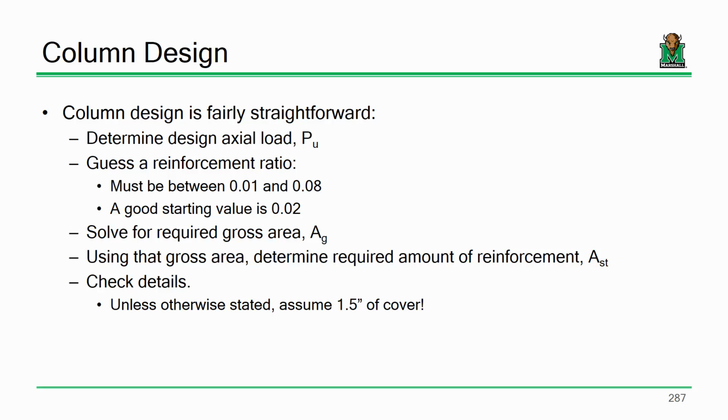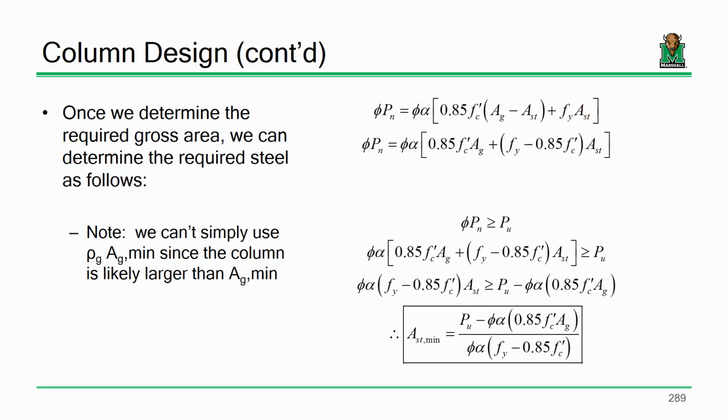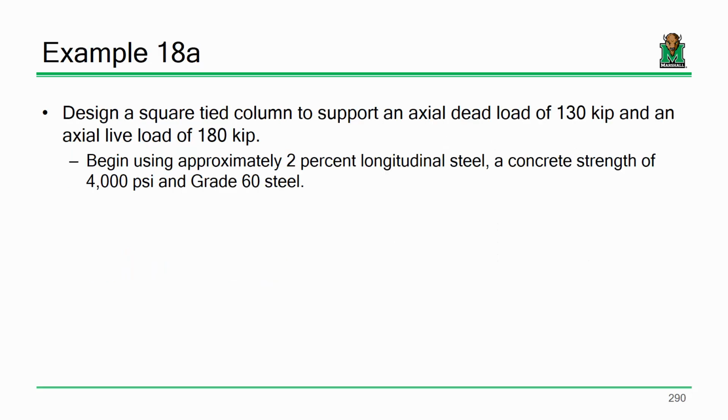Select the amount of steel, check your details, and that's about it. So there's your equation for the minimum gross area. Once you get that gross area, select some dimensions, solve for AST minimum. That's about it. So we did this one last time. We designed a square column to resist those loads, used 2% steel, and so on and so forth. Pretty good, right?